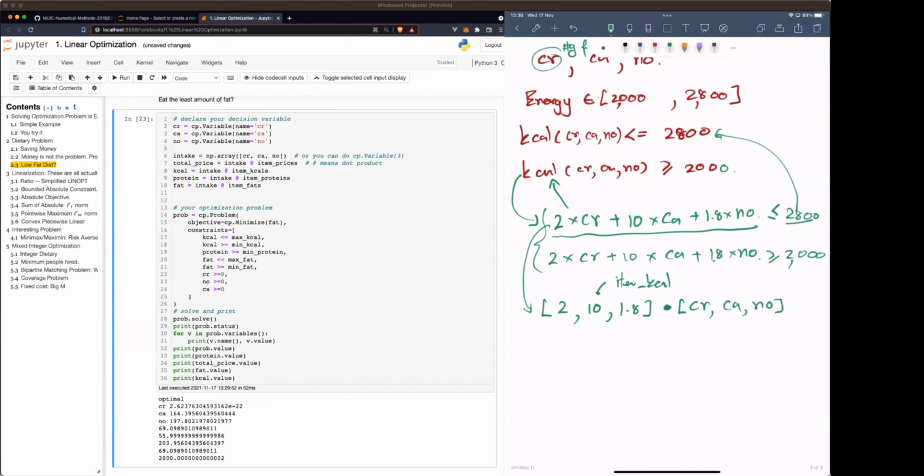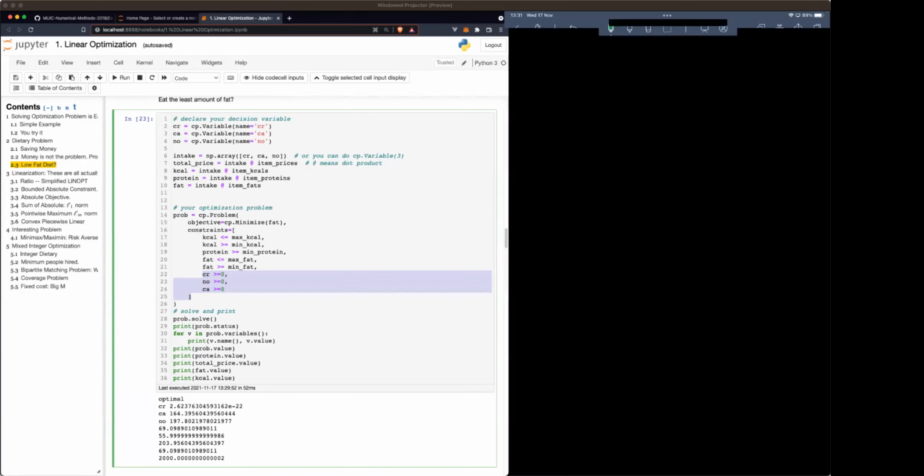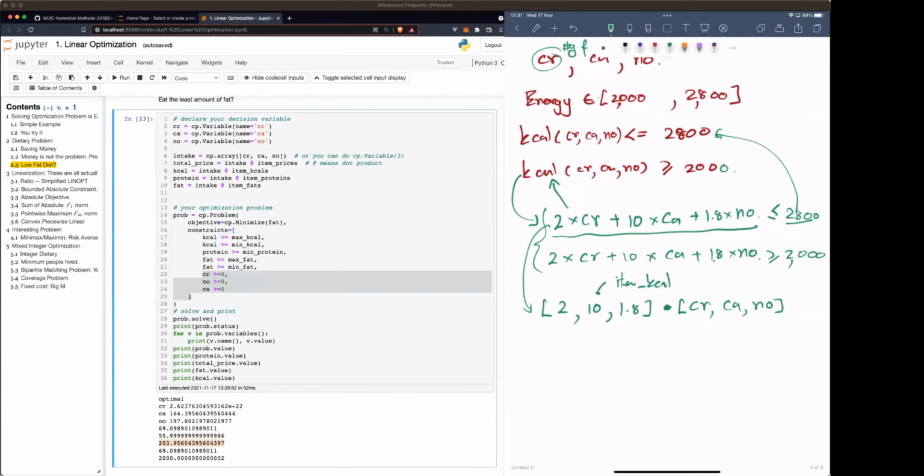The trick here is to put these 3 guys in. Let's see how much money you need. 203. 2 baht more.